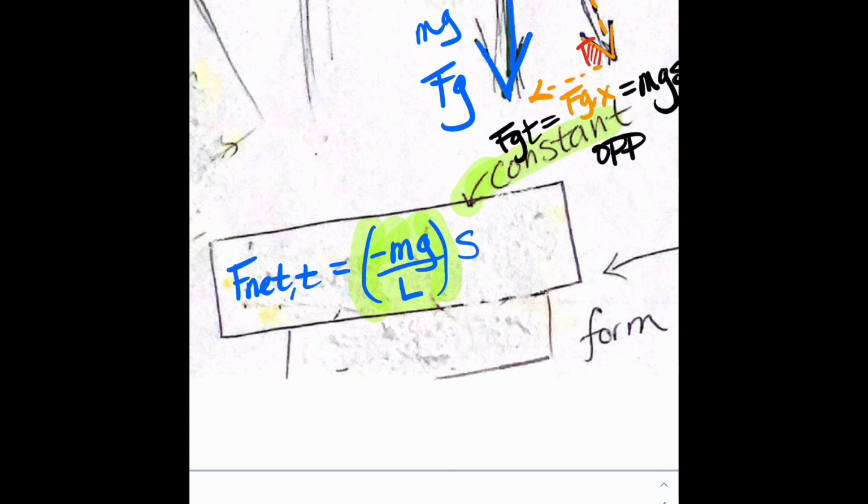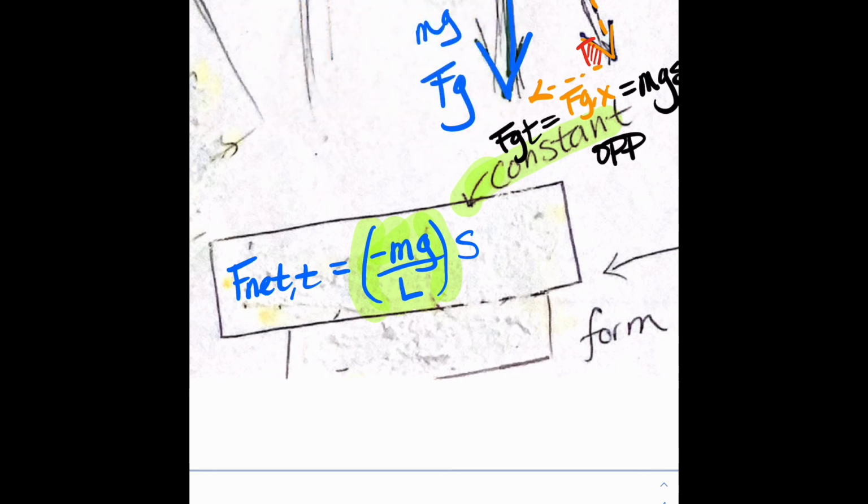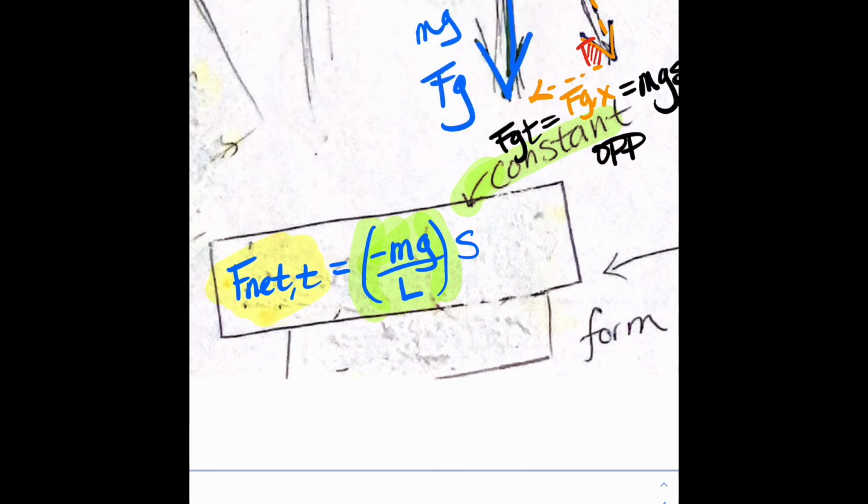So what we have here is a constant like k, like the spring constant, that is a proportionality constant between the force net tangential, or the net force, and the arc length, which is the distance the sphere is displaced along that circle. So we can see that this is a linear restoring force.